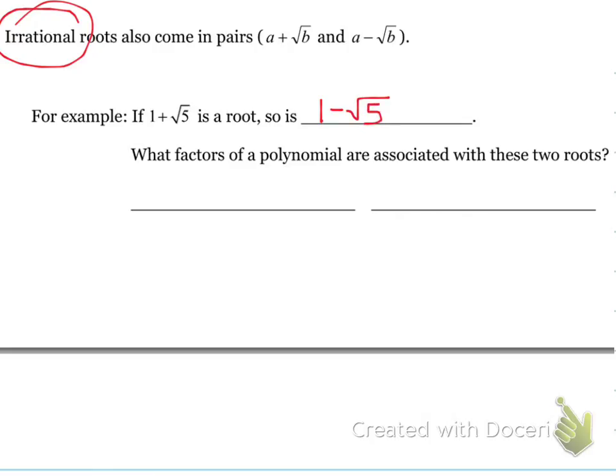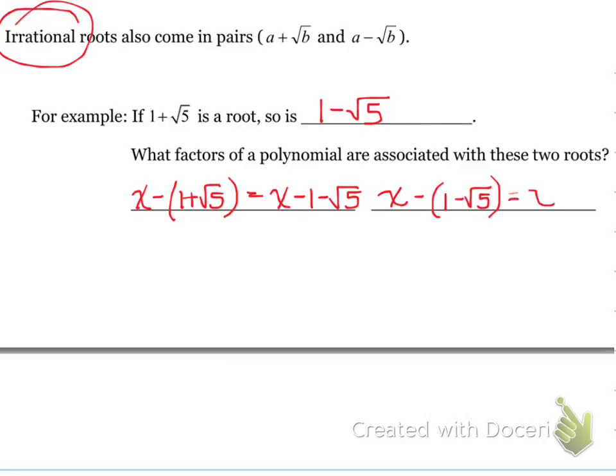And again, the factors associated with these are x minus the quantity 1 plus root 5, which equals x minus 1 minus root 5, and then we have x minus the quantity 1 minus root 5, and we have x minus 1 plus root 5.